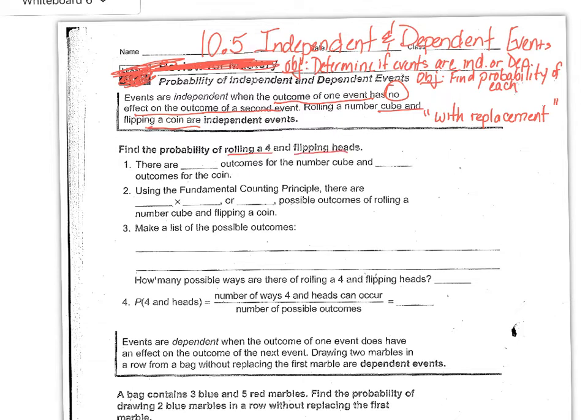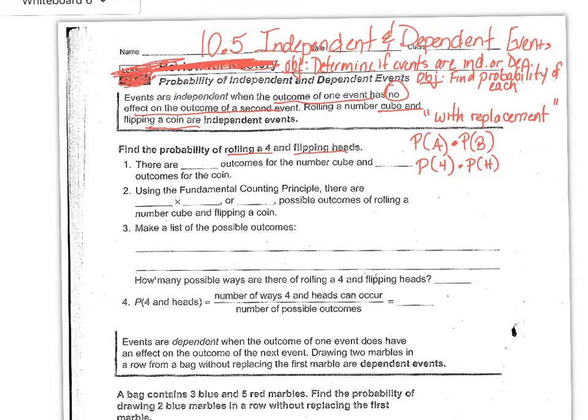Because these are independent events, what we do is we take the probability of event A and multiply it by the probability of event B. If it was 3 events, you would take it times the probability of C. So we want to know the probability of rolling a 4 and then the probability of flipping a heads. Okay?